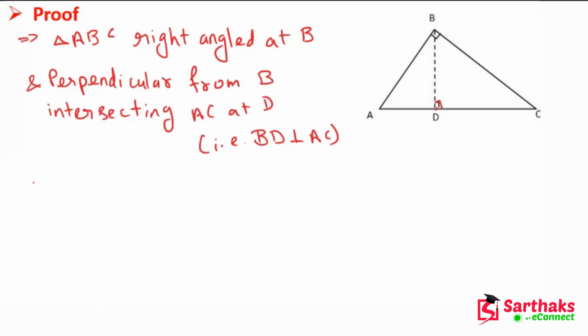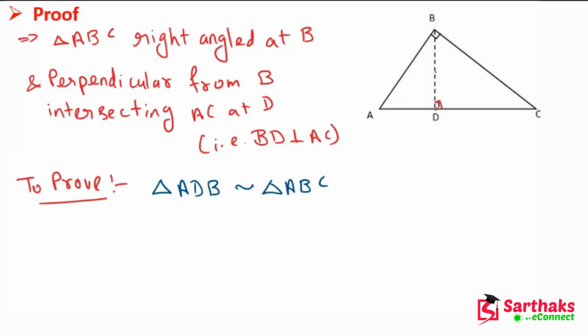Now we have to prove, first of all, that triangle ADB is similar to triangle ABC.